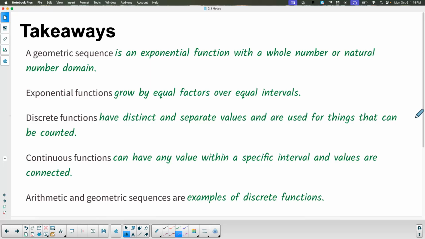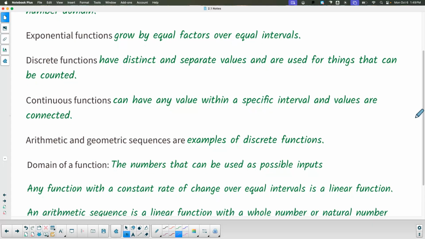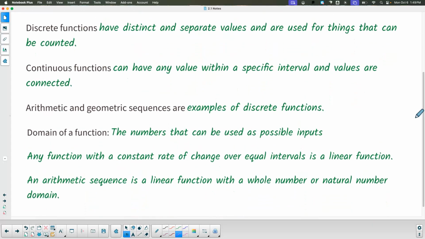Discrete functions are here, continuous functions are there, arithmetic and geometric sequences are there, domain of a function. I want you to write this stuff down as the last part of what we do today. So we'll come back to this momentarily.